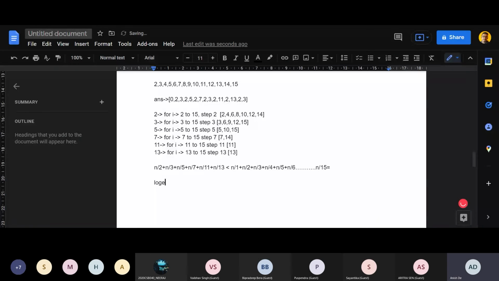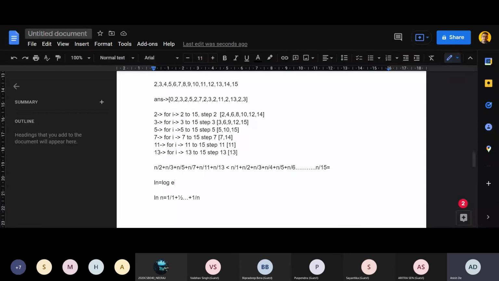So ln n is 1 by 1 plus 1 by 2 dot dot dot plus 1 by n. Okay, so everybody knows what ln is, right? ln is the log with base e. e is a constant with a value of something like 2.7, like it was in the JEE syllabus, I don't remember.